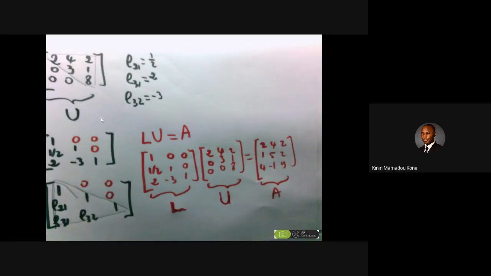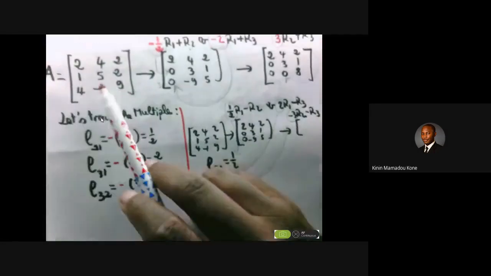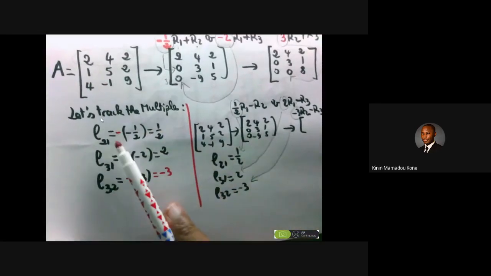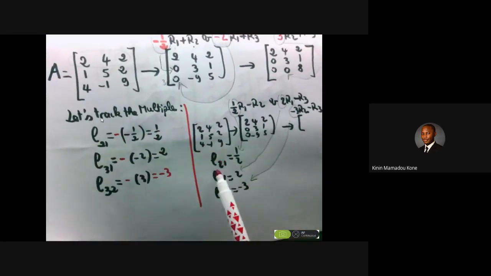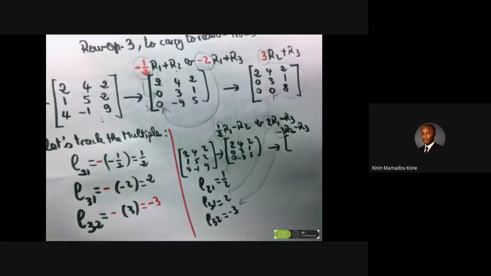This is the process that you went through. We started with the matrix A, reduced it, and found the different coefficients. We store those coefficients into a matrix. This process is the factorization process. So this is the LU factorization of a matrix. Any questions regarding this?